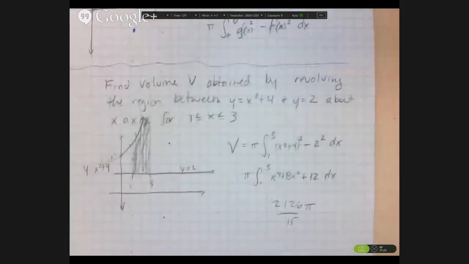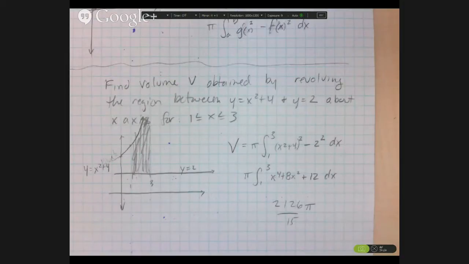And you get your answer if you finish it. We're about out of time, so I don't want to finish it. You guys can use calculators and do integrals pretty well. Do you have any questions? 42. Yep. Yeah, that's where I'm getting to.